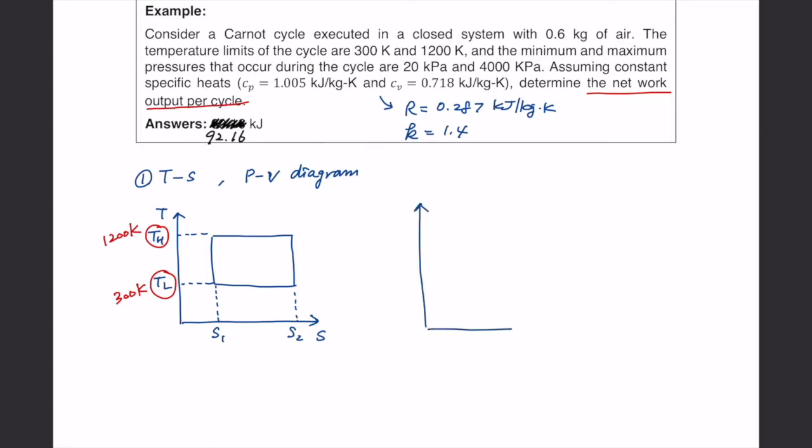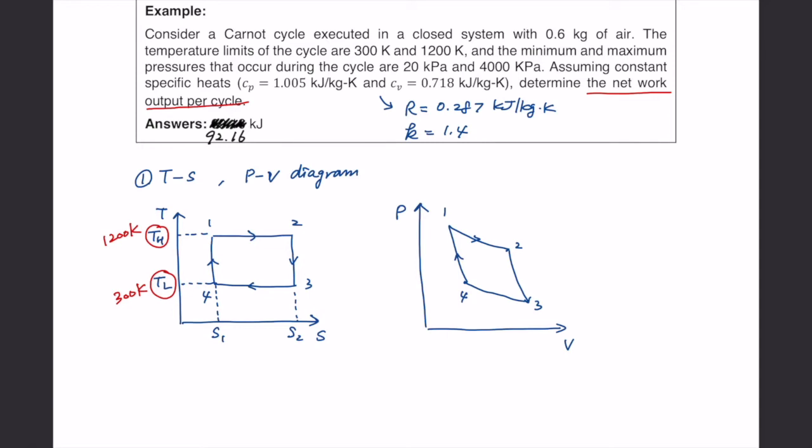Now, if we try to draw the PV diagram, we can draw it this way. So we have 1, 2, 3, and 4, and 1. Now we have 1 to 2, 2 to 3, 3 to 4, and 4 to 1 of the Carnot cycle in the PV diagram.